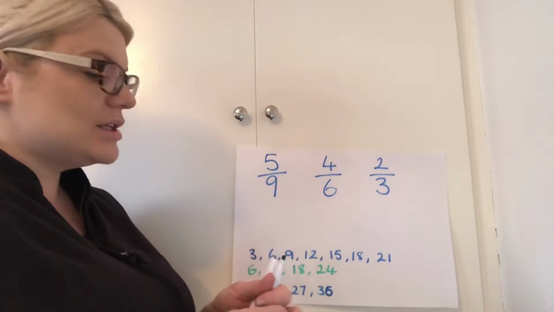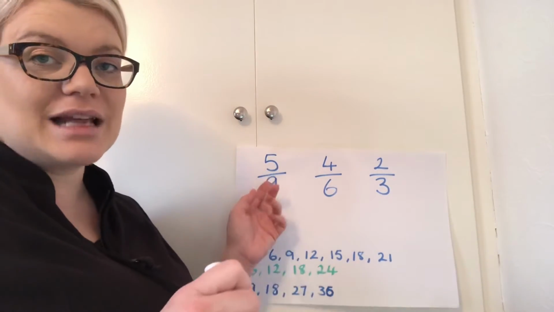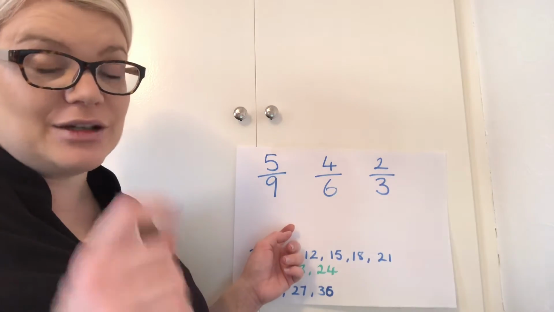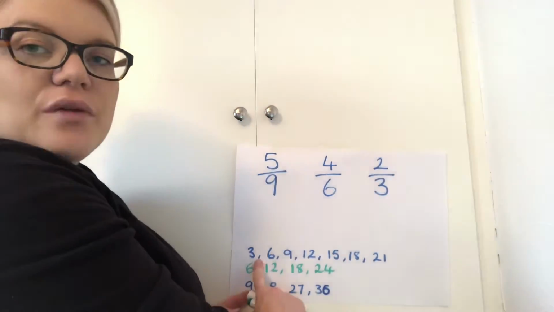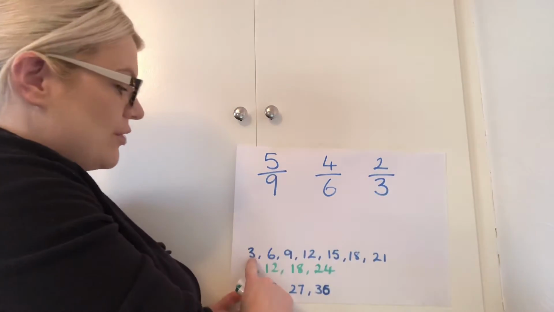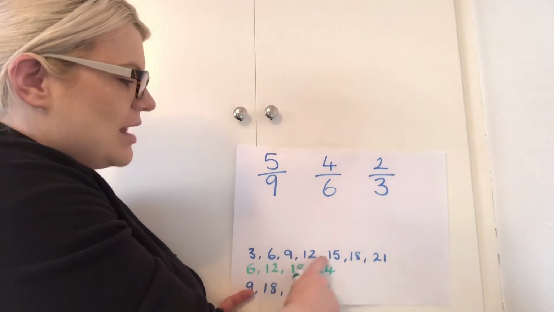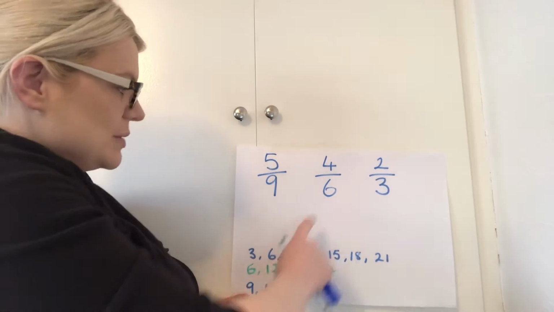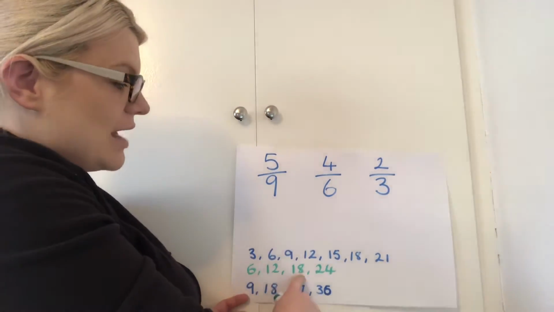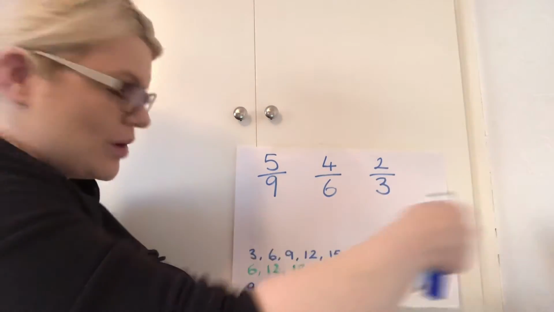So what you needed to do, if you got a question like this yesterday, which I do believe you did have one like this, you need to think about the multiples of all of these. So let's go 3: 3, 6, 9, 12, 15, 18, 21, etc. Multiples of 6: 6, 12, 18, 24, and so on.